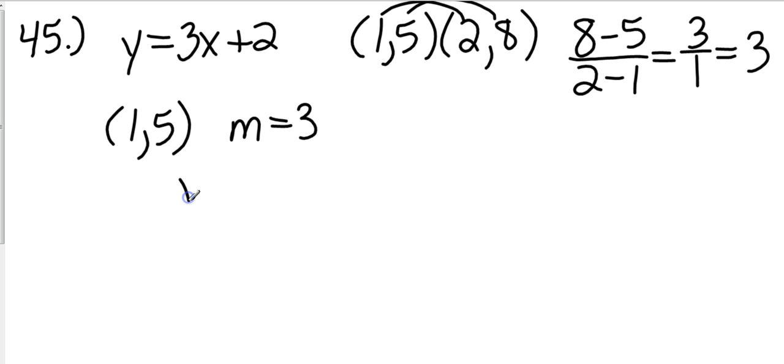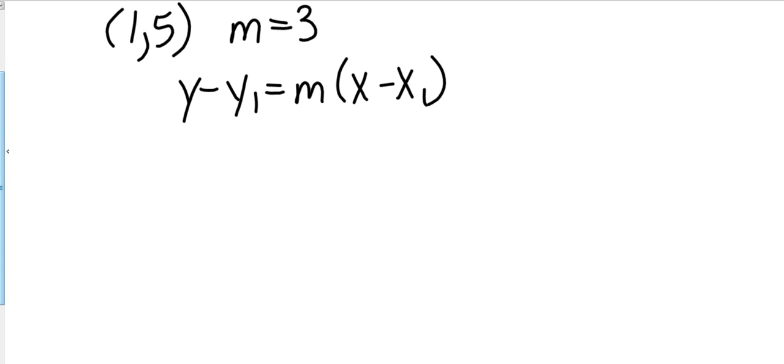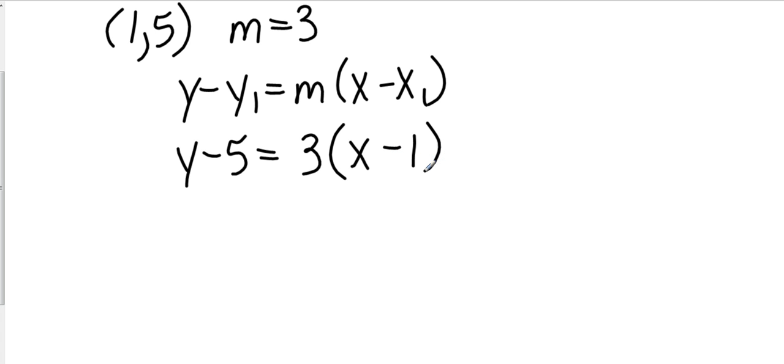I'm going to write my formula again. And here we go. Y is always y. Y1 is 5. The slope is 3. X is always x. And x1 is 1.